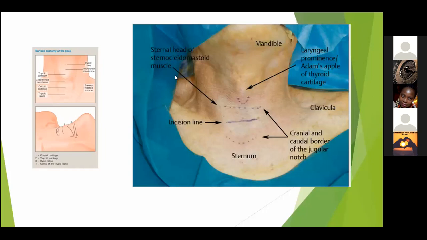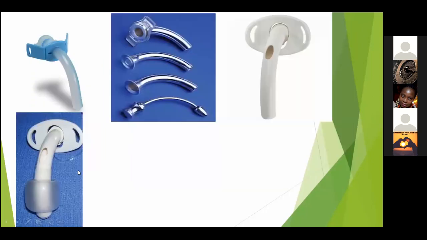These are the metallic. The metallic tubes are not cuffed. They don't have cuffs, okay? But they can have a fenestration. They may not be fenestrated. You can't have a metallic cuff. So for the metallic tubes, they don't have a cuff, but they may be fenestrated or not.